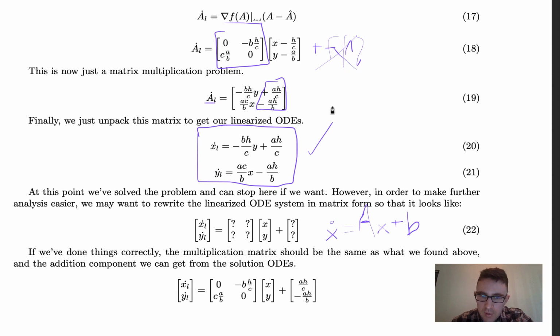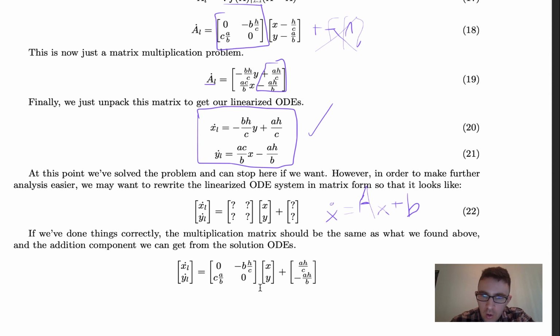So if we want to get things back in this nice form, all we have to do is take these addition and subtraction terms, which hopefully should be in terms of only the constant parameters, and put them down here. Then we take this matrix here and put that as our multiplication matrix, and then we have our linearized differential equations, and the variable is here.